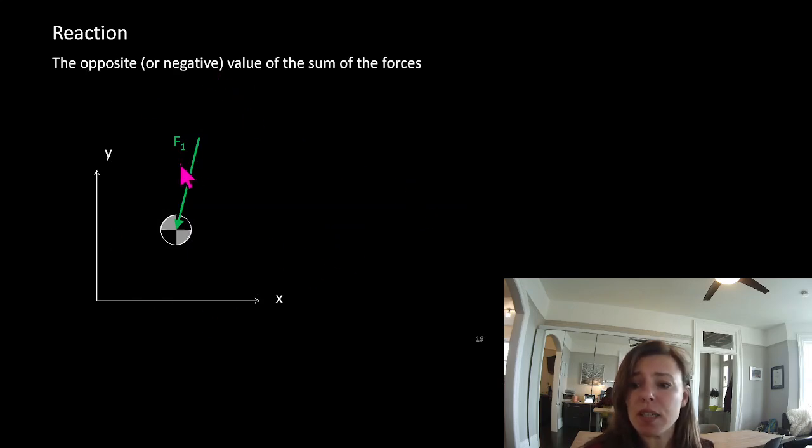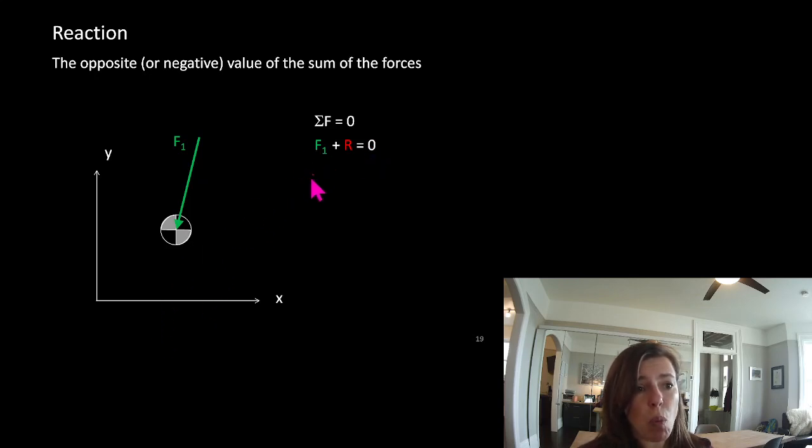So if this is our force pushing on this object, we need something with an equal and opposite value to stop it from moving. So we want the sum of all of the forces to be 0, and we're talking about along this imaginary axis. So force 1 is pushing in this direction. The total has to be 0.